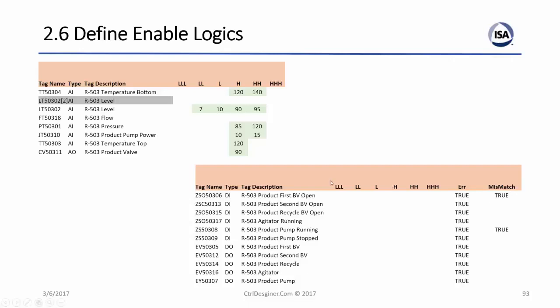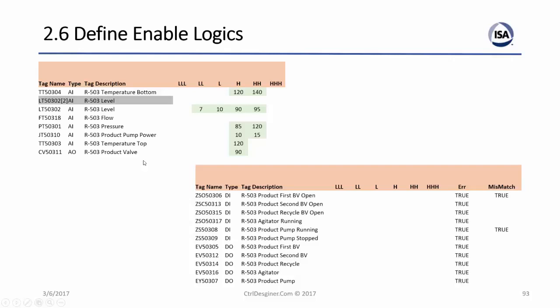You just go and define alarms that you think should exist by typing their set points here. Therefore, we say we should have a temperature bottom 120 and 140. Level low is 7, low is 10, 90 and 95. Again, these are examples, not real. And therefore, these are whether we have error in the measurement or digitals or we have mismatch.